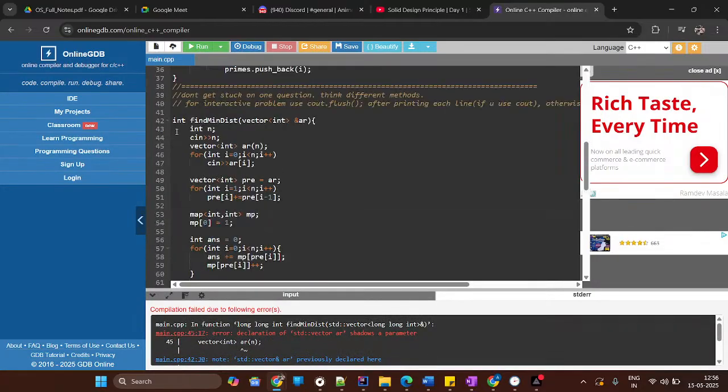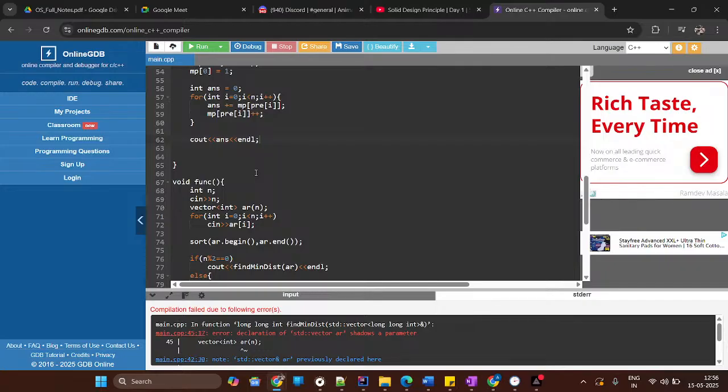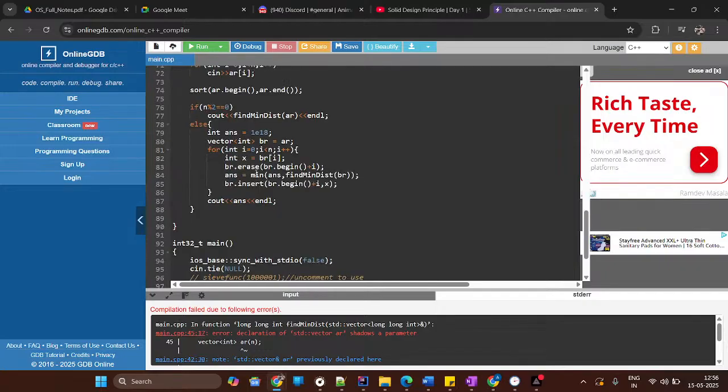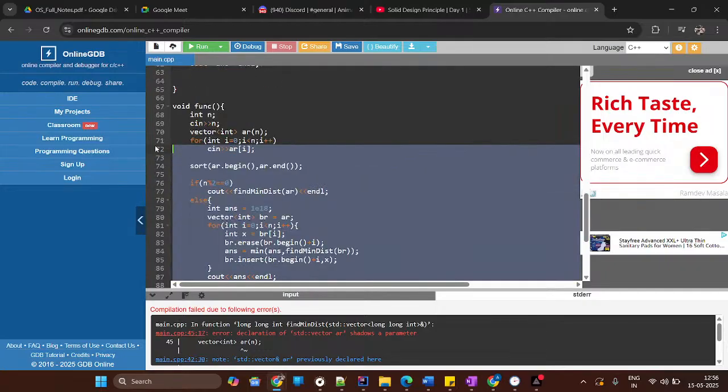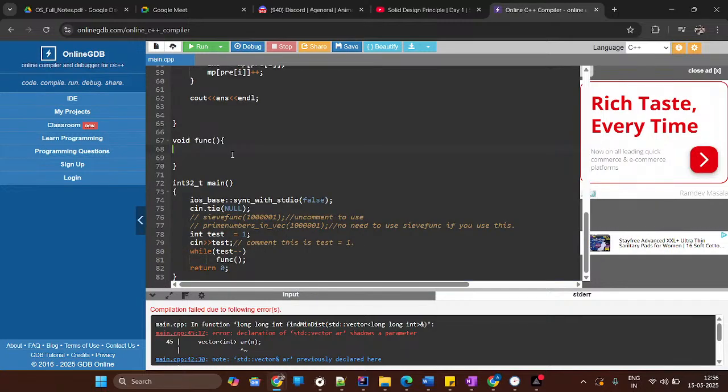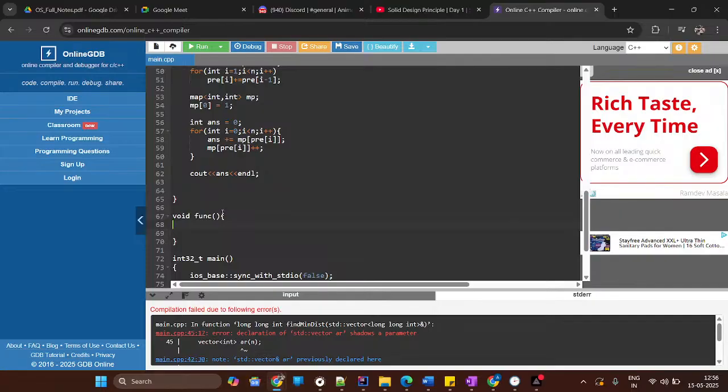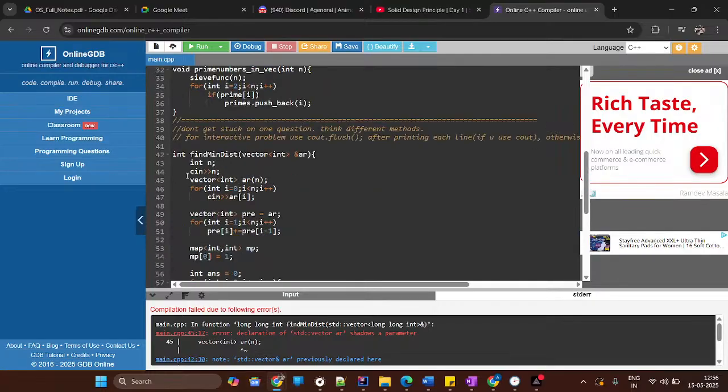Line 45, vector int array. What's the issue here? Oh, right. Instead of writing in a function here, I wrote it somewhere else. Wait, I'll just copy it here. Or I'll make it a void function.